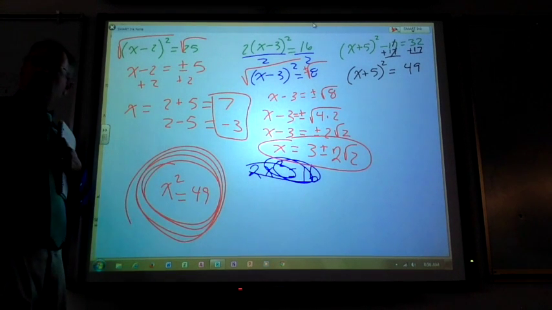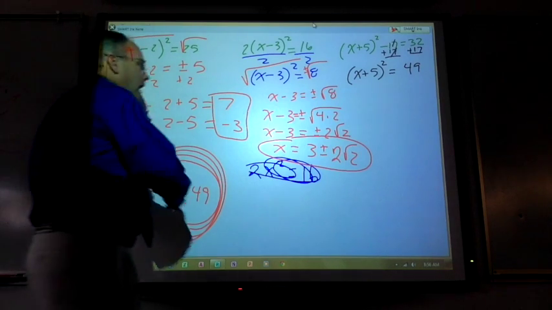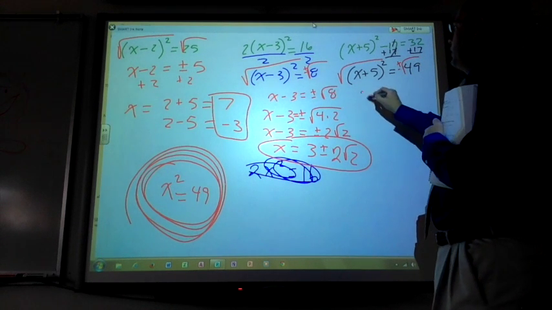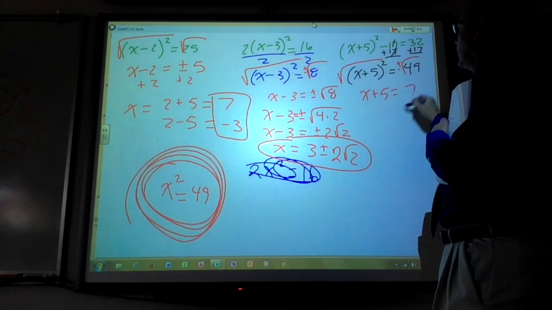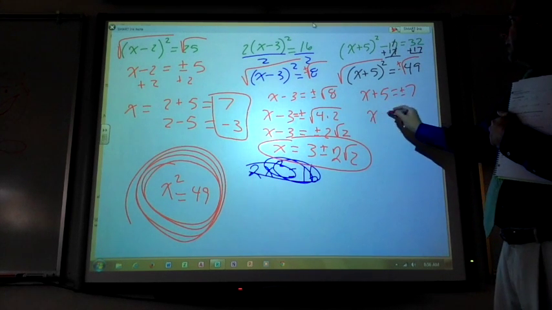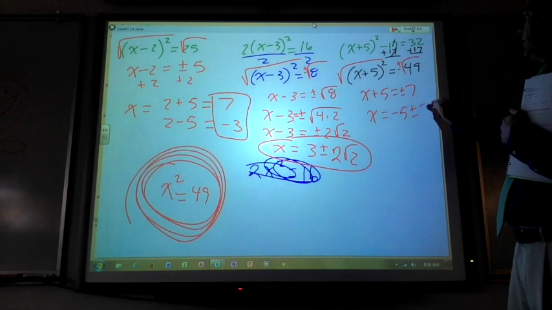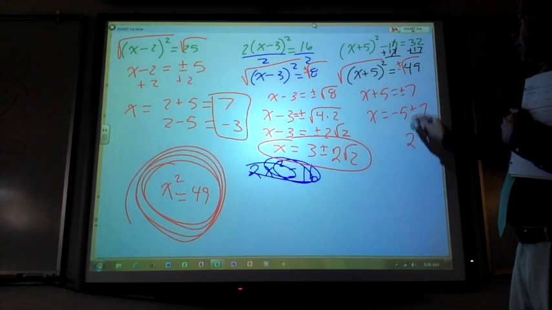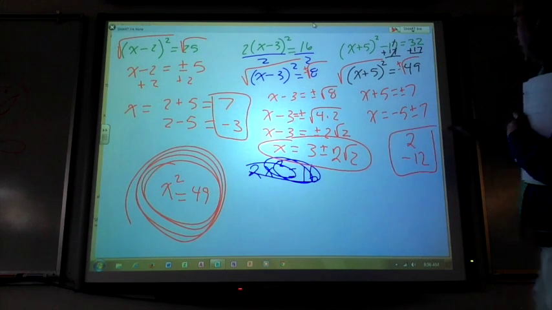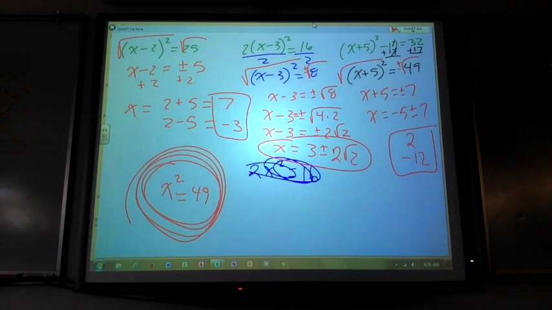Square root. So I'm going to treat x plus 5 the same as x. I'm going to take the square root of both sides. Remember, you need plus minus. Oh, don't forget the plus minus. So I get x equals negative 5 plus or minus 7. Negative 5 plus 7 is 2. Negative 5 minus 7 is negative 12. So I get the answers of 2 and negative 12.